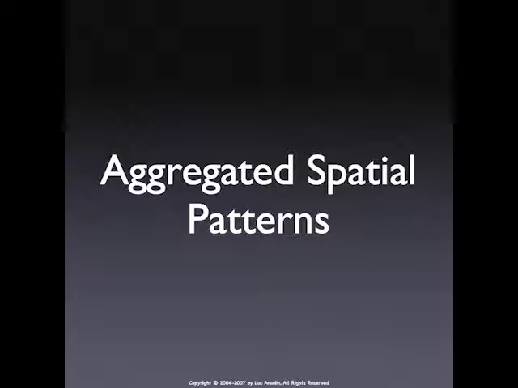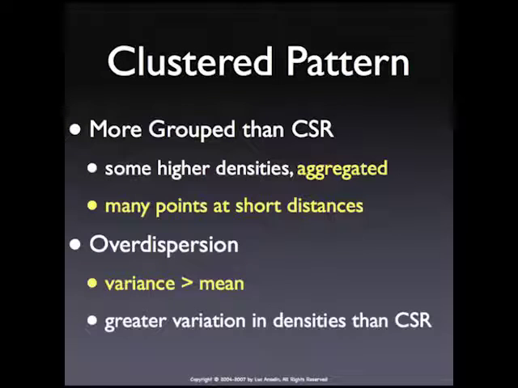In fact, another way of looking at this is to think of your disk or some box moving, like a brush in GeoDa, moving over the points. And what you get is regions with lots of points, and then regions with very few or no points, and then again regions with lots of points.